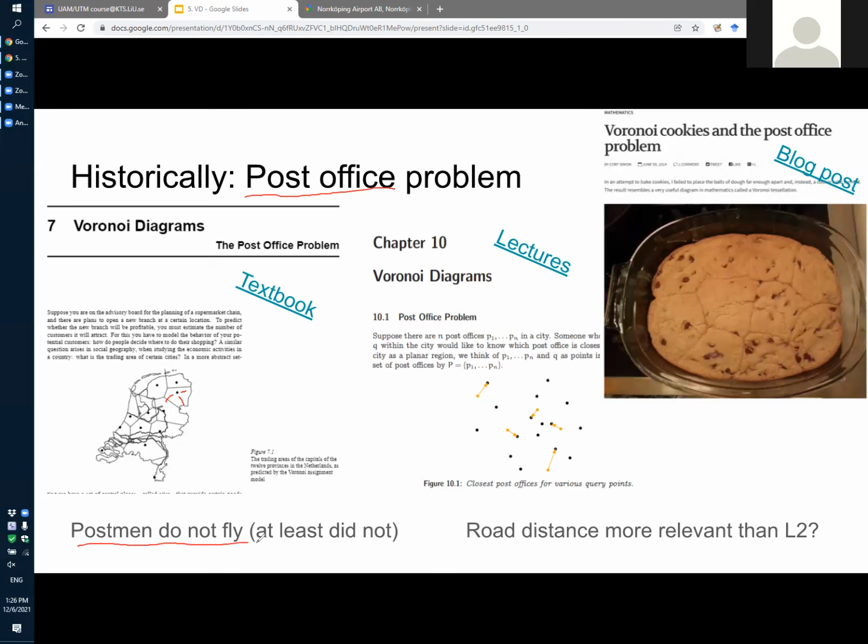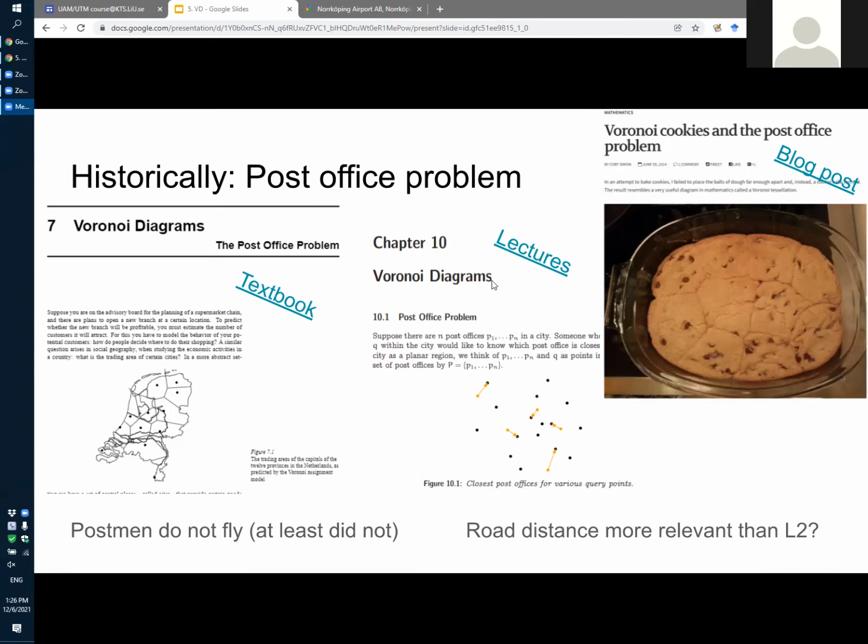The postmen, they don't fly, or at least they didn't fly before the drones were here. And maybe for deciding the zip codes, deciding which areas should be served by the different post offices, it would have made more sense to look at the road distance rather than at this Euclidean distance, the straight line distance between the points.